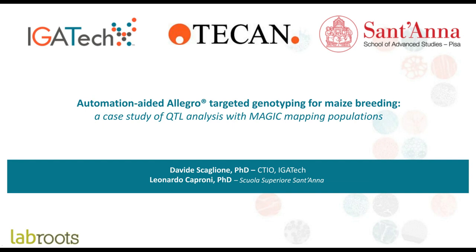So the idea and the advantages of this population is that you can perform targeted genotyping on the recombinant inbred lines, and perhaps you may produce whole genome sequencing on the founder lines, and once you are able to reconstruct the mosaics within each of the chromosomes related to the genomes of the founder, these mosaics can then be inferred from SNPs.